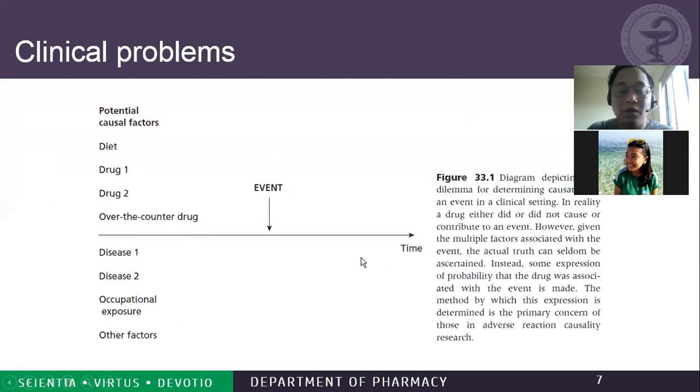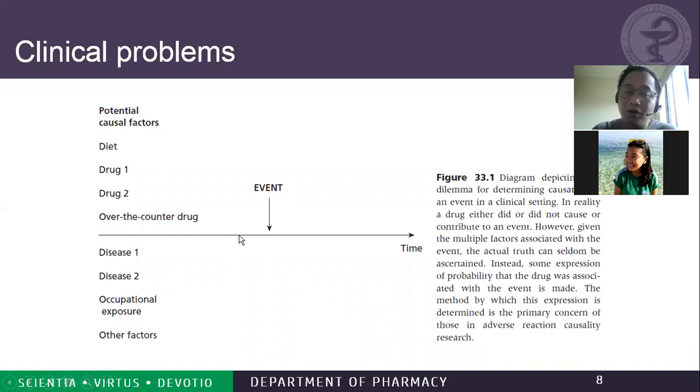Okay, if we look at this diagram, the event occurs here in the middle, right? And the right side of the event is the time for us to investigate which potential factors the event is correlated to.